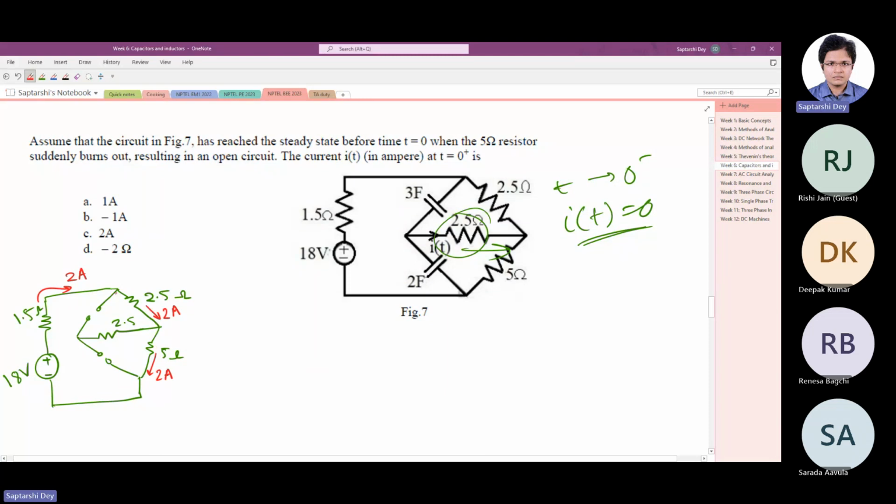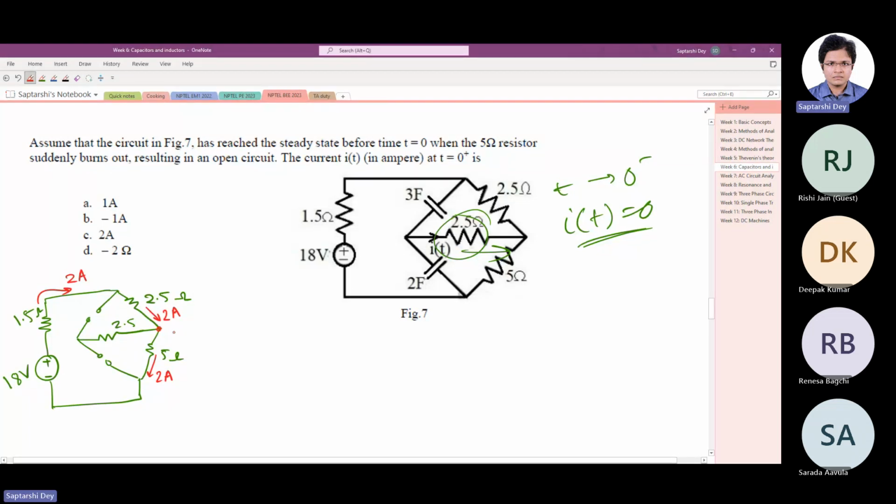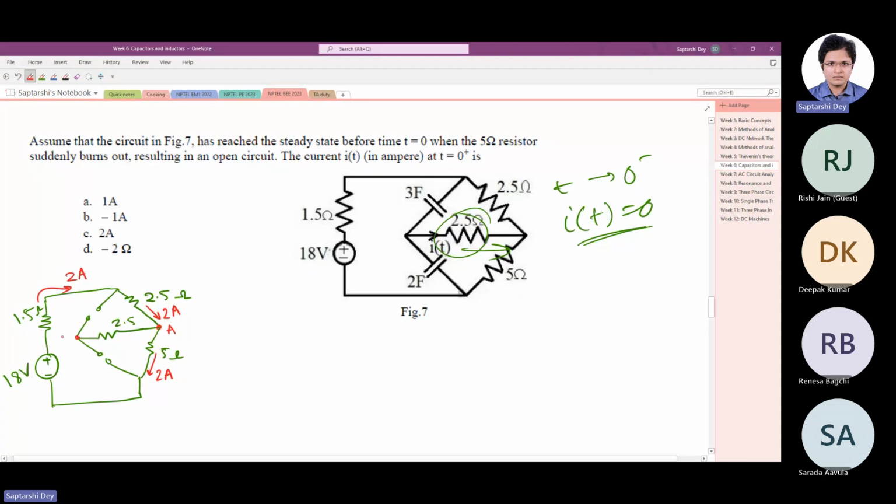Now if there is no current through this 2.5 ohm resistance, whatever voltage we have at point A, that is the voltage at point B also.